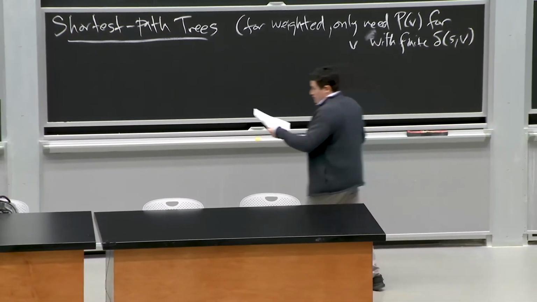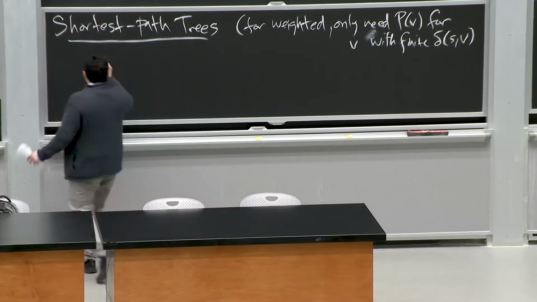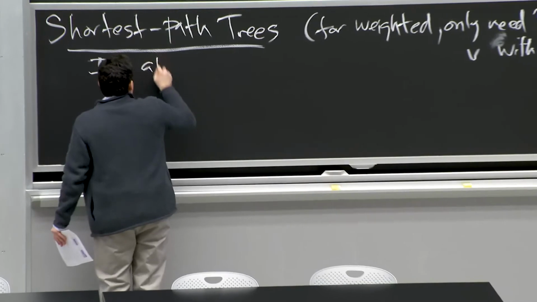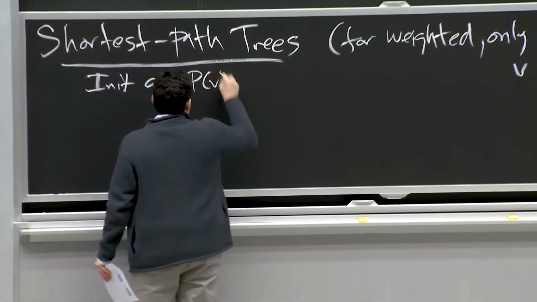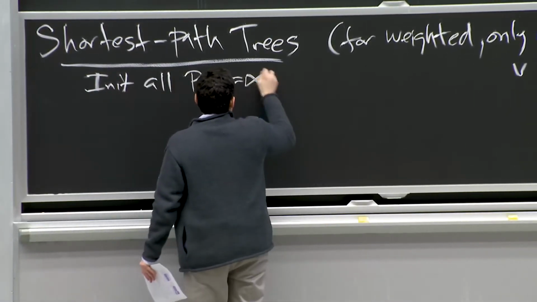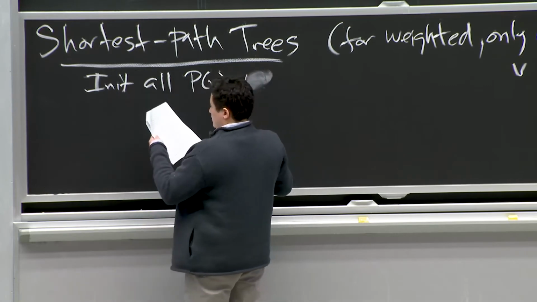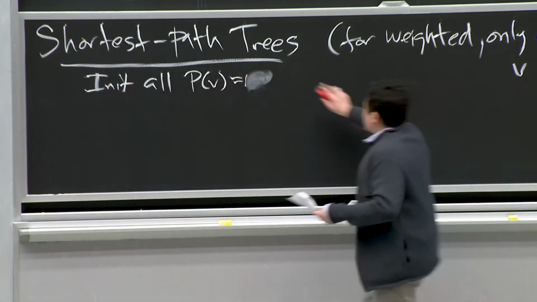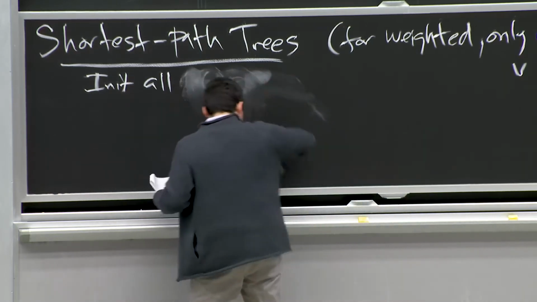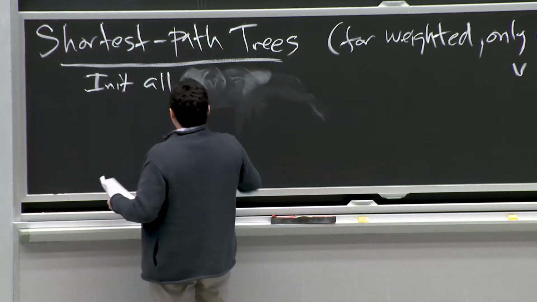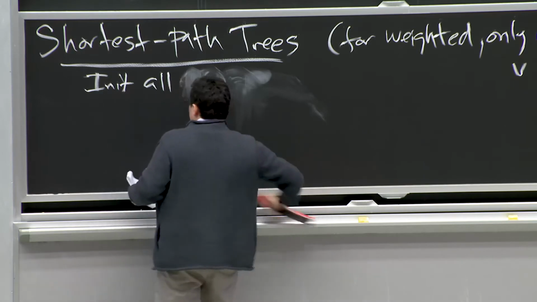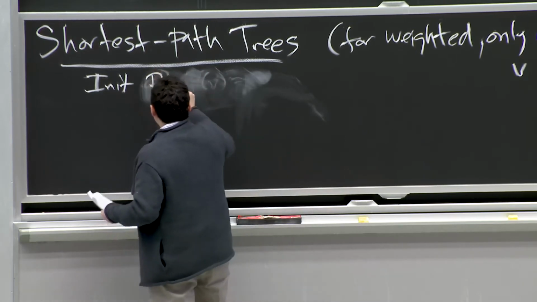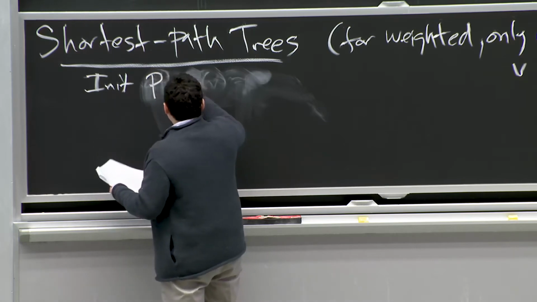Okay, so here's the algorithm. I'm going to initialize all P of v to equal, getting ahead of myself. I'm writing down DAG. All right, init my parent pointer data structure to be empty.